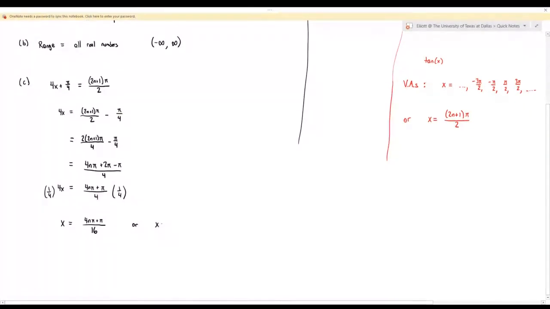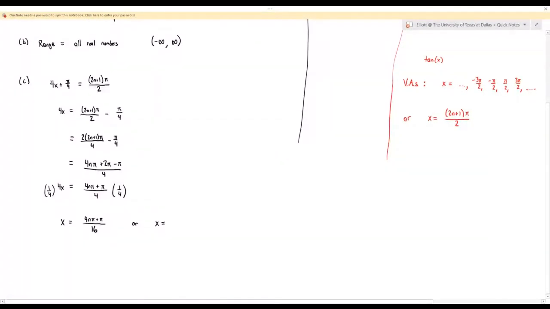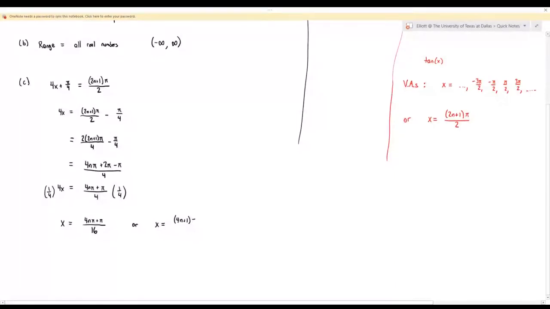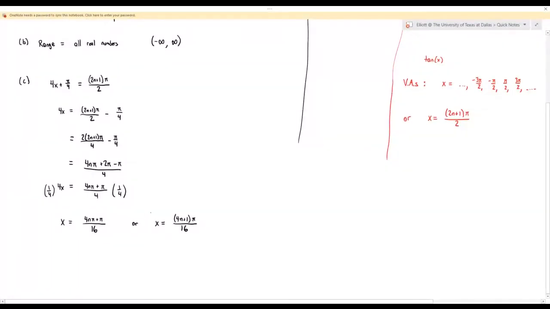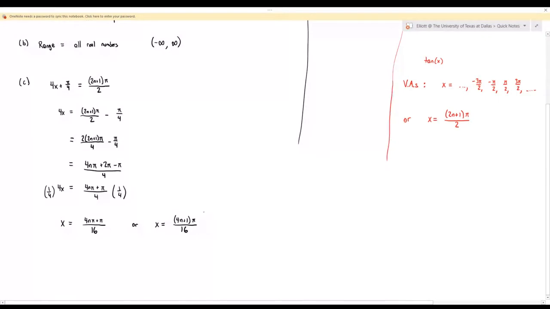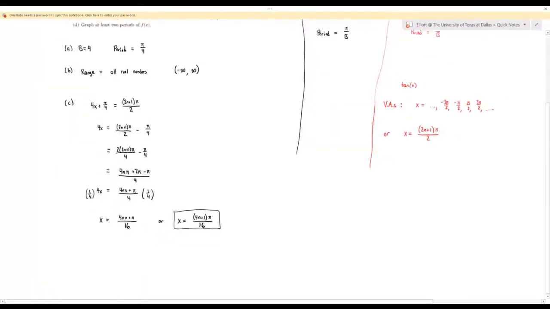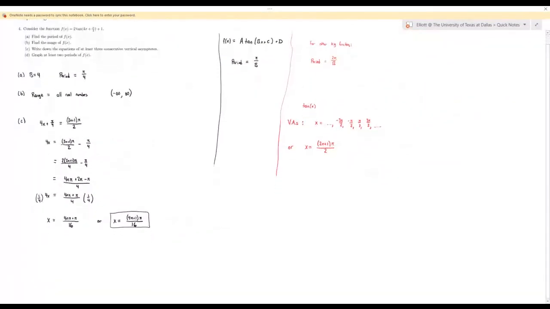It's not a big deal, but I'll factor a pi out from both terms in the numerator. So I'll write it as (4n plus 1) pi over 16. So these would be where all of the vertical asymptotes are for our tangent function here.